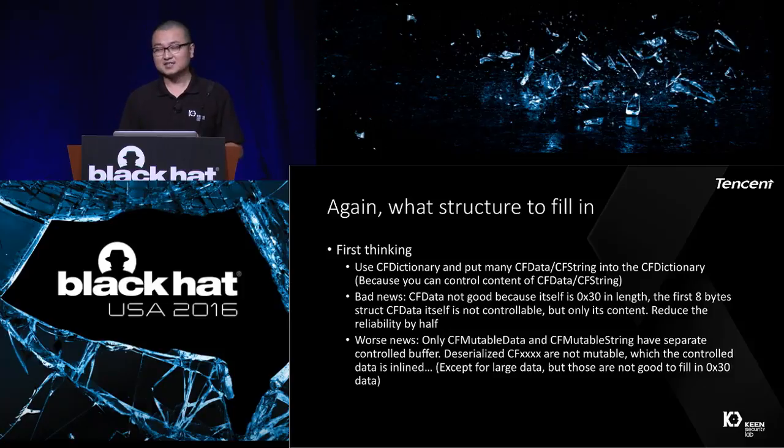But we found that is not feasible because when you send those messages to the target process, those are considered as a constant, which means that the metadata, the real data is actually inlined in that struct, which means that the first 8 bytes is also always the metadata of those CF messages, which is very bad.